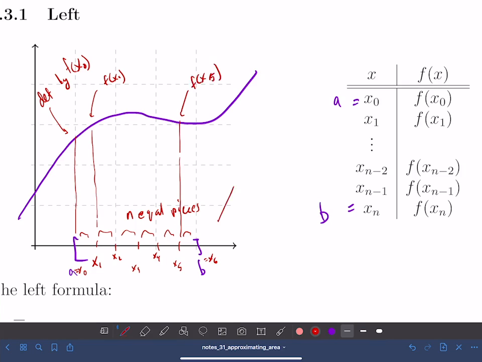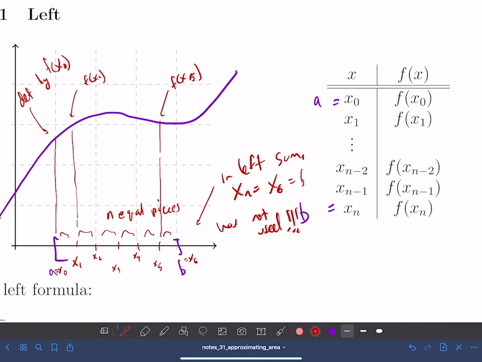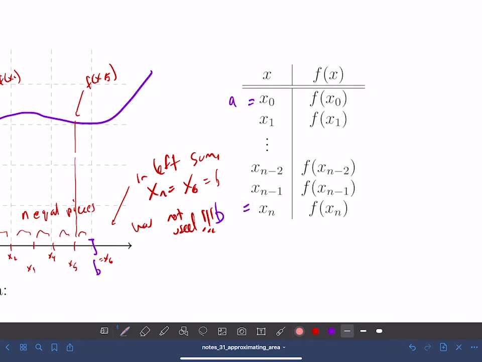And in the left sum, x sub n equals x6, which equals b, was not used. So I used this part of my table.